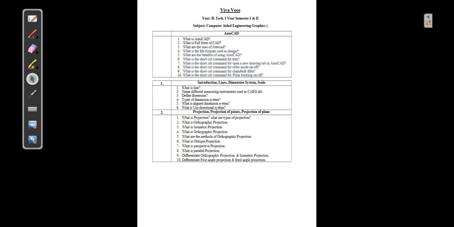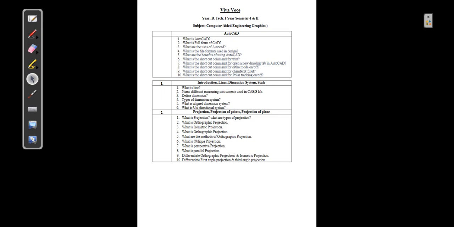So I have made some prepared question papers, unit wise or experiment wise, you can say. You can go through these questions and prepare the answers. If it is a computer aided engineering graphics lab, we generally use the AutoCAD software to run this lab.